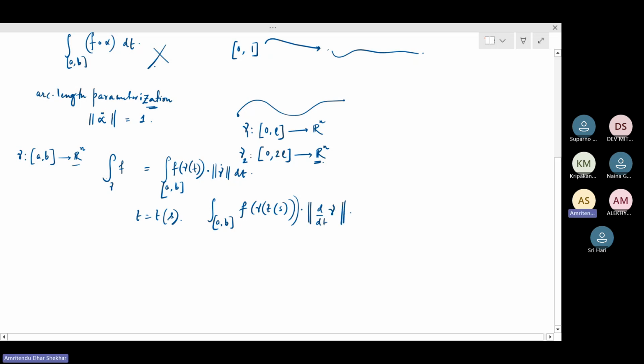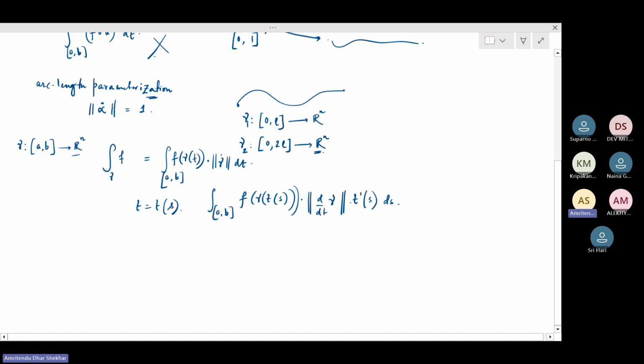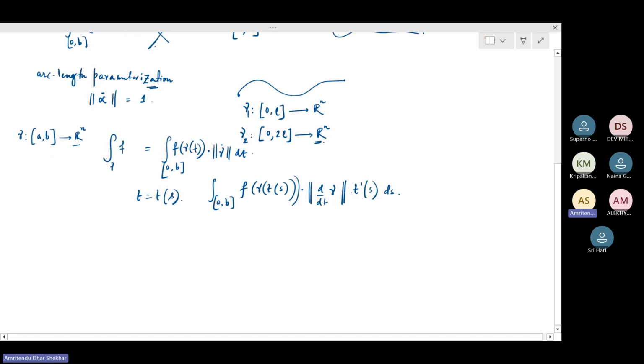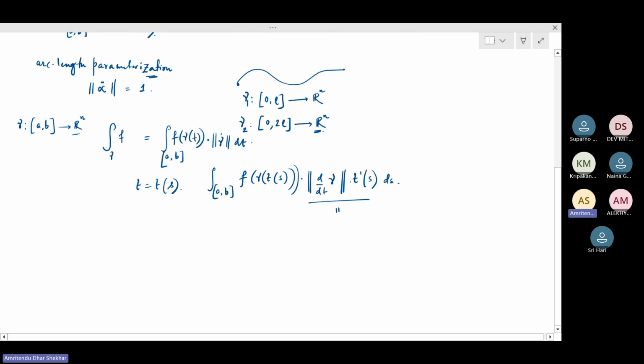But you have dt, which you will write as equal to t dash s ds. But if you notice, this particular quantity is just equal to d upon ds of gamma of t of s.